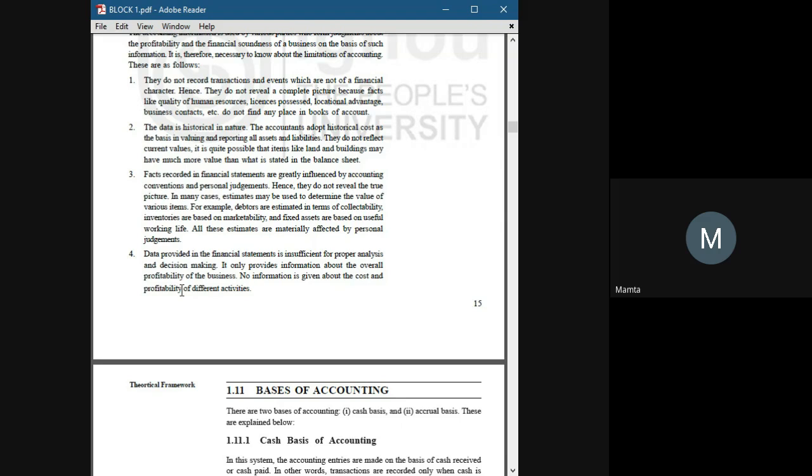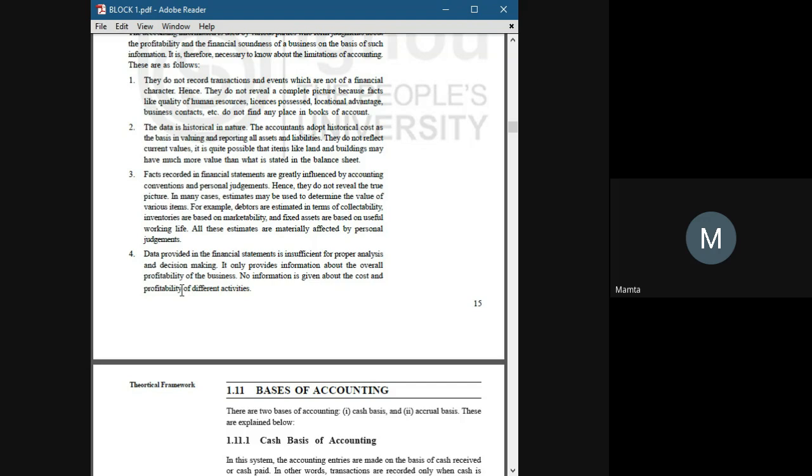Estimates may be used to determine the value of various items. Suppose I have purchased a machinery of 50,000 in 2015, and I have put a depreciation of 10% every year on machinery. In 2016 its value decreased to 40,000.